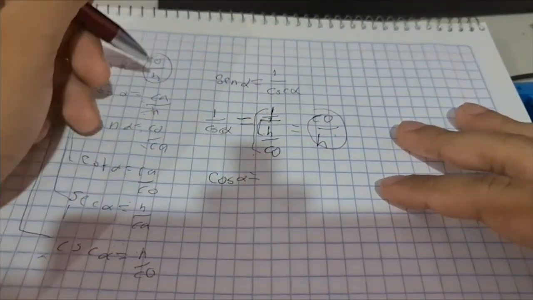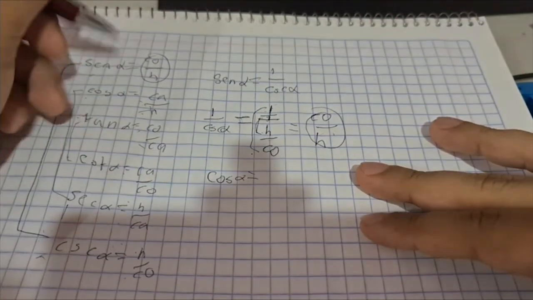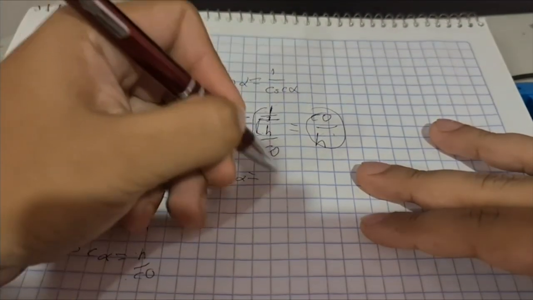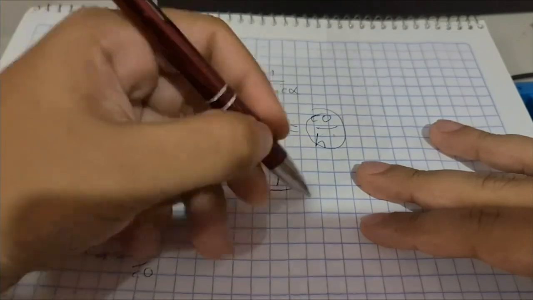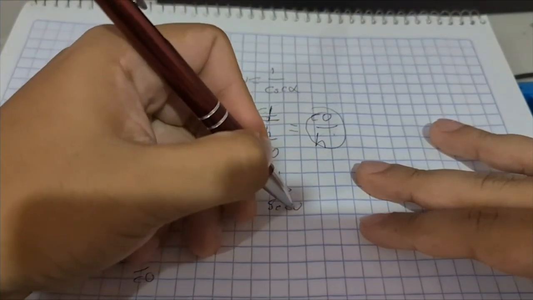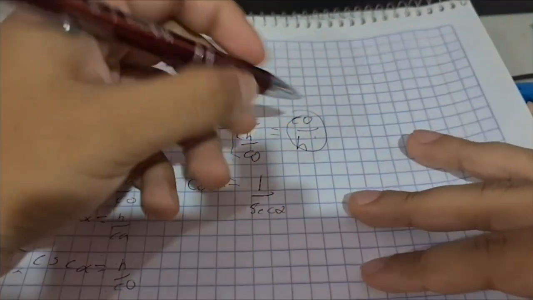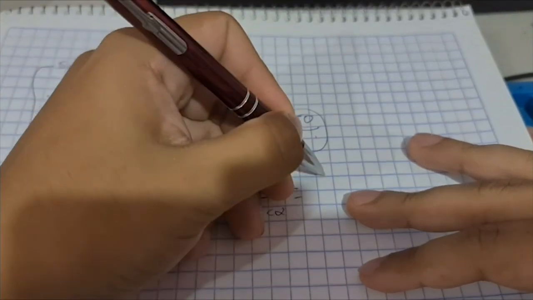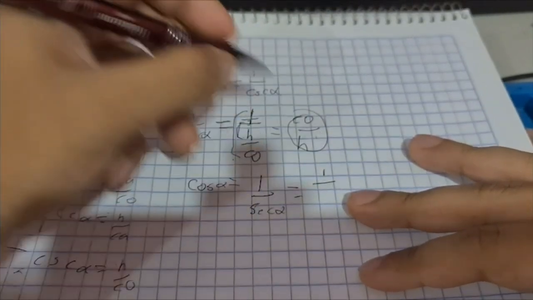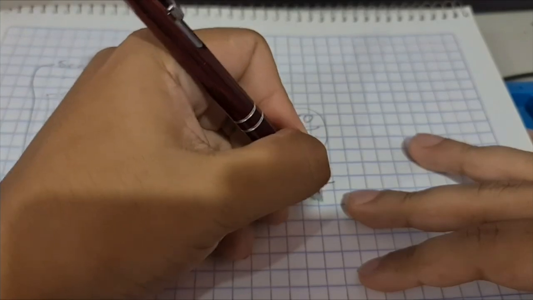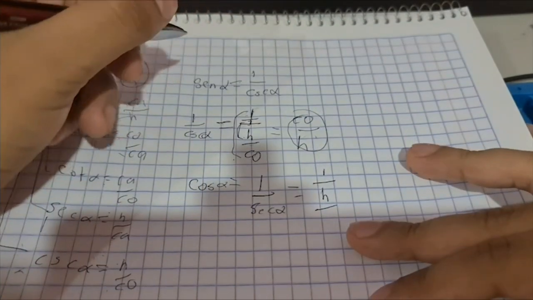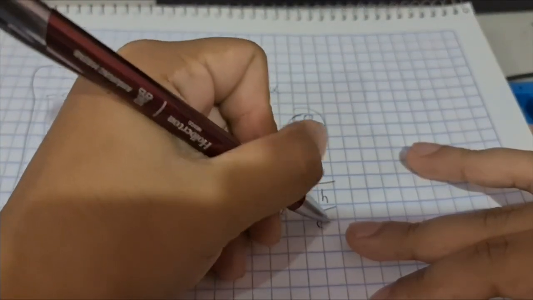we are going to do the same. We have that the cosine is 1 over secant, and we know that this is equal to 1 divided by h between the adjacent leg.